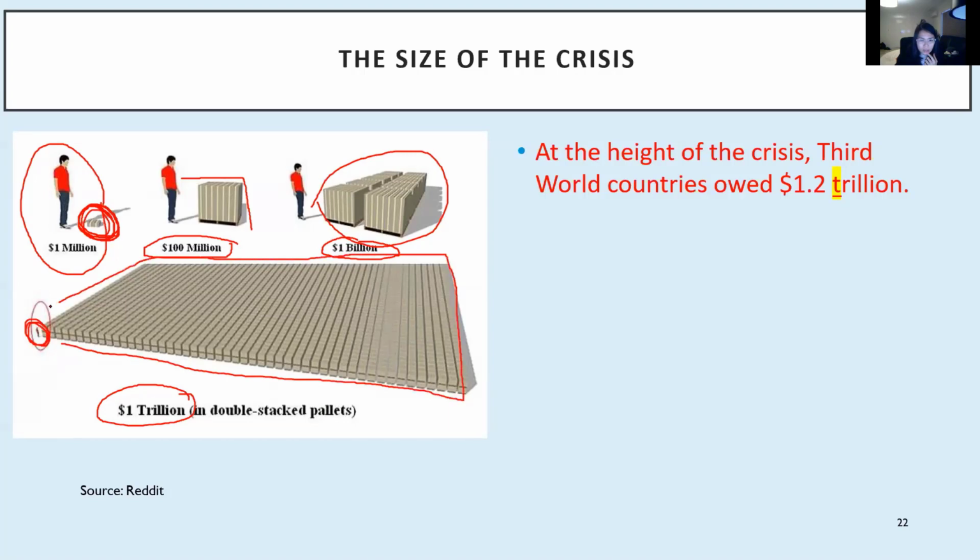Okay, so the problem was very huge because we're talking about country level debt. Okay, and also as we mentioned before, as the currencies of the Latin American countries depreciated, the dollar value of their loan becomes even larger. Okay, so as a result, in the end, they owe a lot of money.